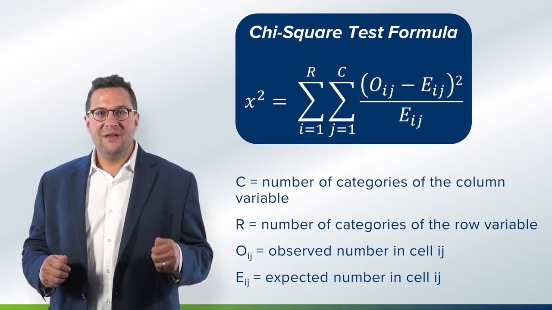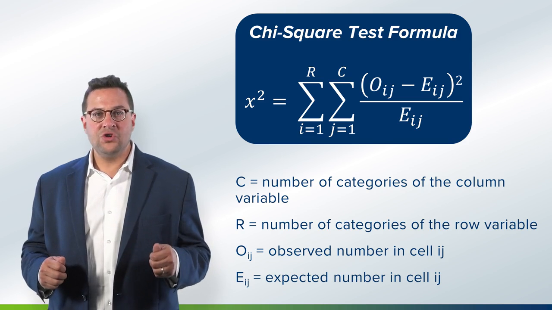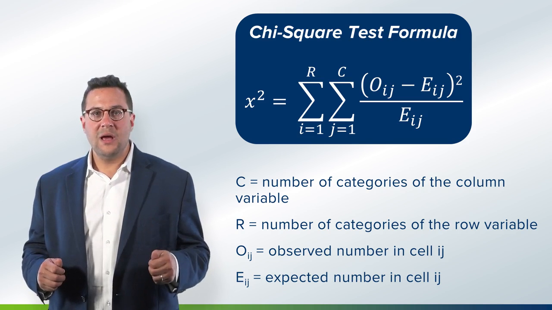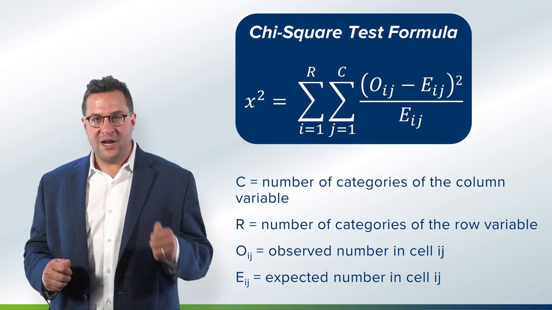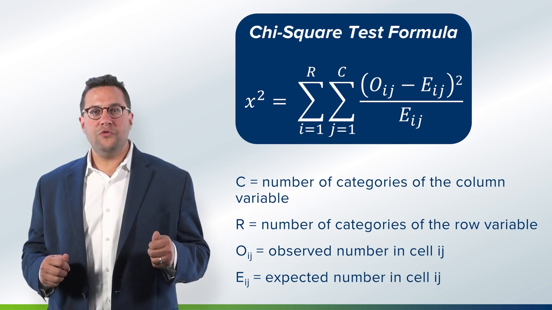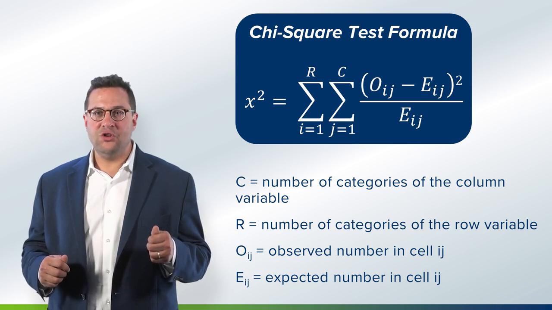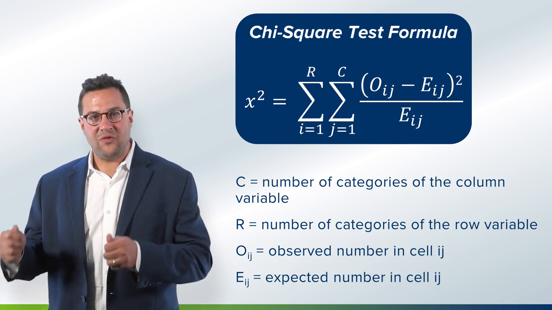In our case, C and R are each going to be equal to 3 because we have 3 columns and 3 rows. O_ij is going to be the observed number in cell ij, and that's, for example, 100 for brand A in the West Coast.